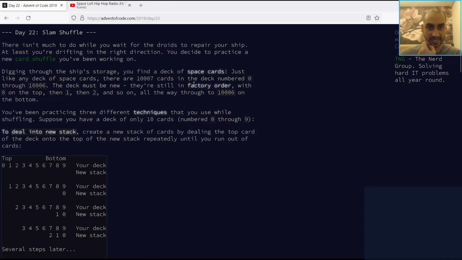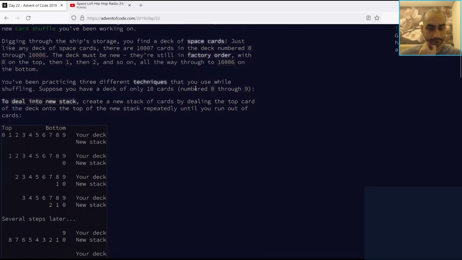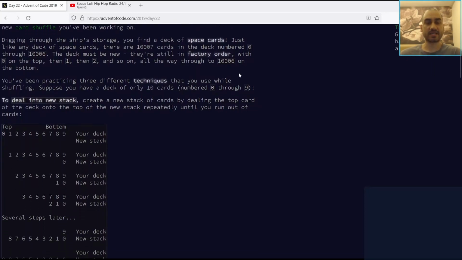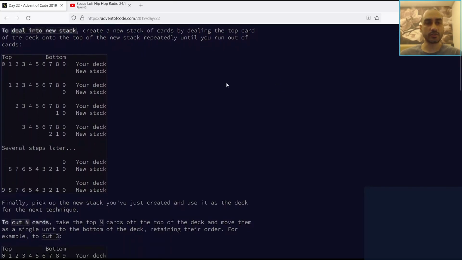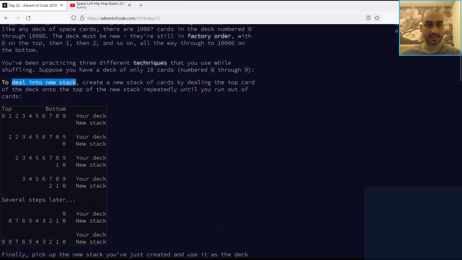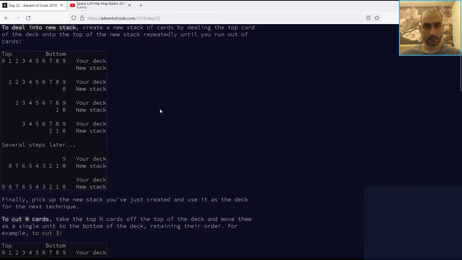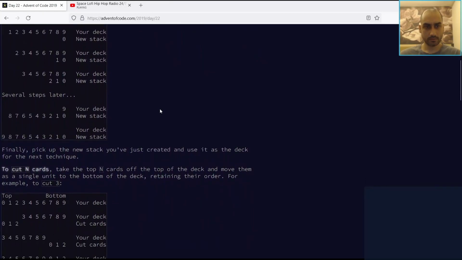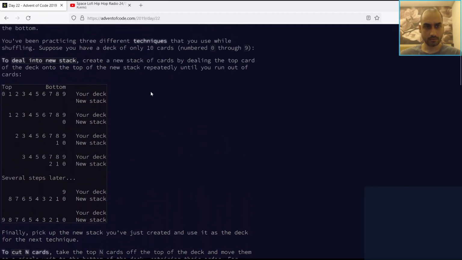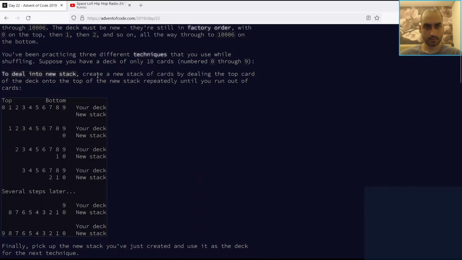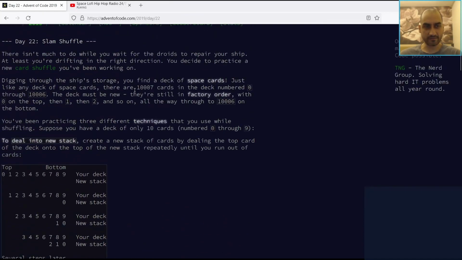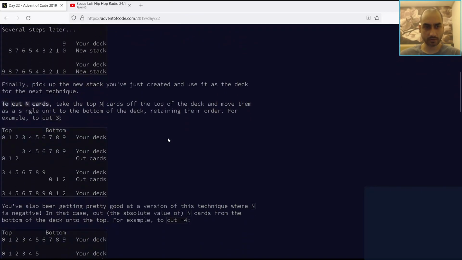You've been practicing 3 different techniques that you use while shuffling. Suppose you have a deck of only 10 cards. To deal into a new stack, create a new stack of cards by dealing the top card of the deck onto the top of the new stack repeatedly until you run out of cards. So kind of just reversing what you're holding on to.